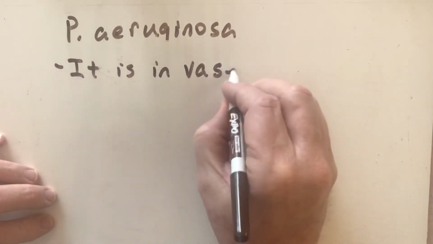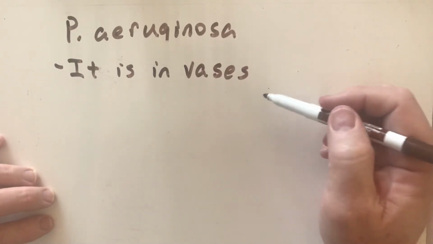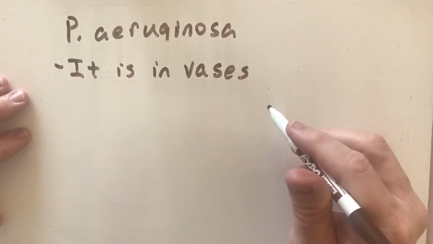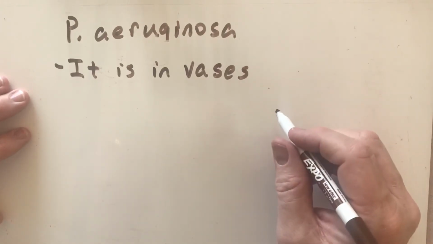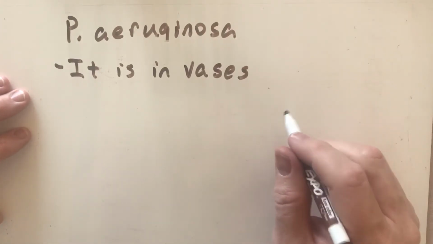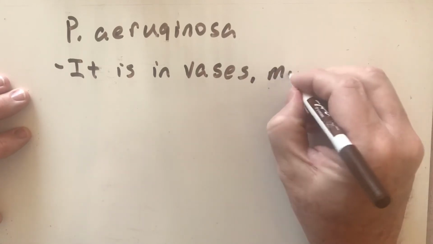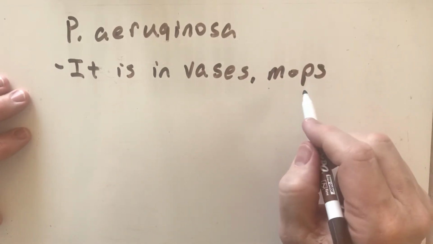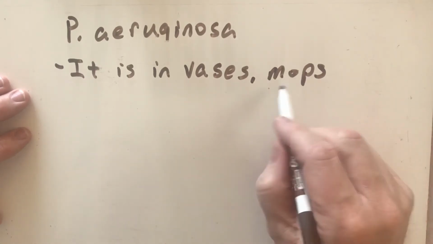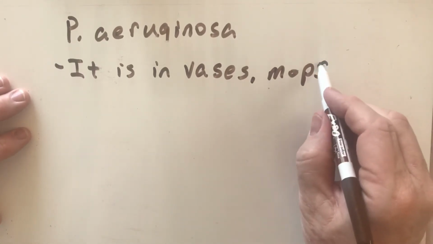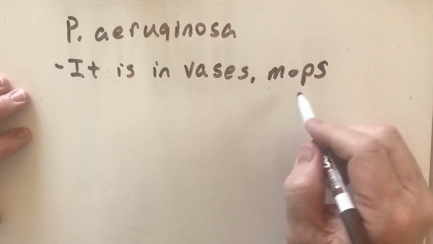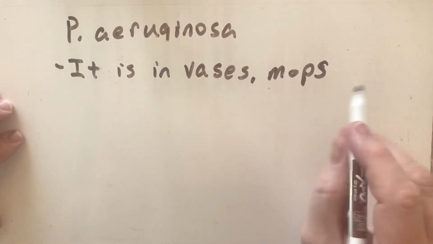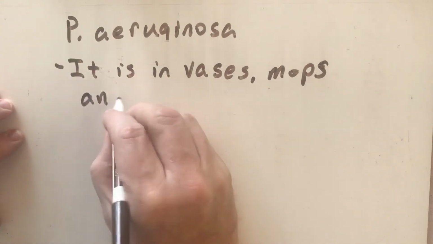So if you know somebody in the hospital has a weakened immune system, people like to bring them flowers. That may actually be a bad idea. So it's going to be found in vases. It can be found in mops. A guy cleaning the hospital with a mop, not realizing that if he doesn't keep enough disinfectants in the mop, he can actually be spreading this disease. And also in diluted disinfectants.